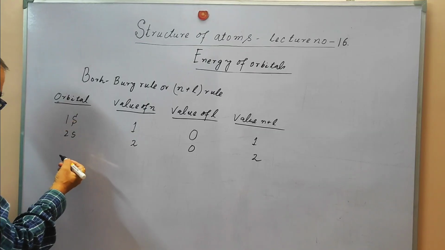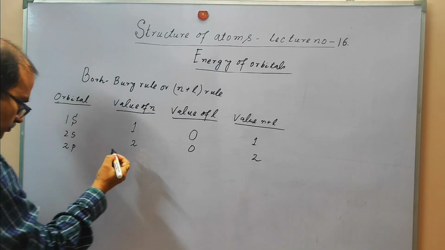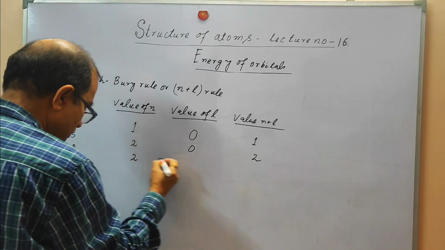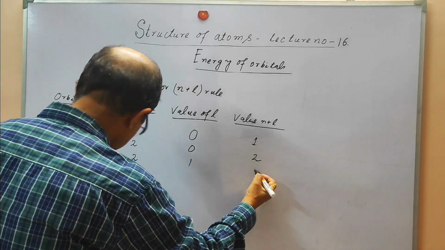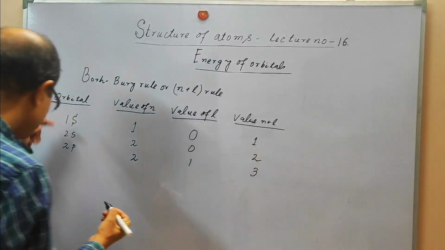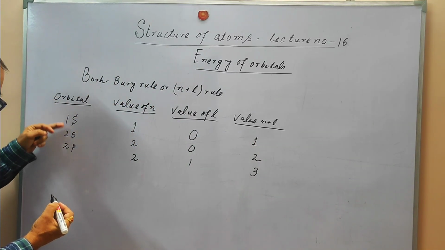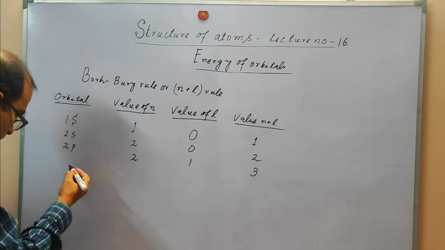So it will have higher energy. Then the 2p orbital: n is 2 and l is 1, and this is 3. So you can understand why the 2p orbital has higher energy than the 2s orbital.